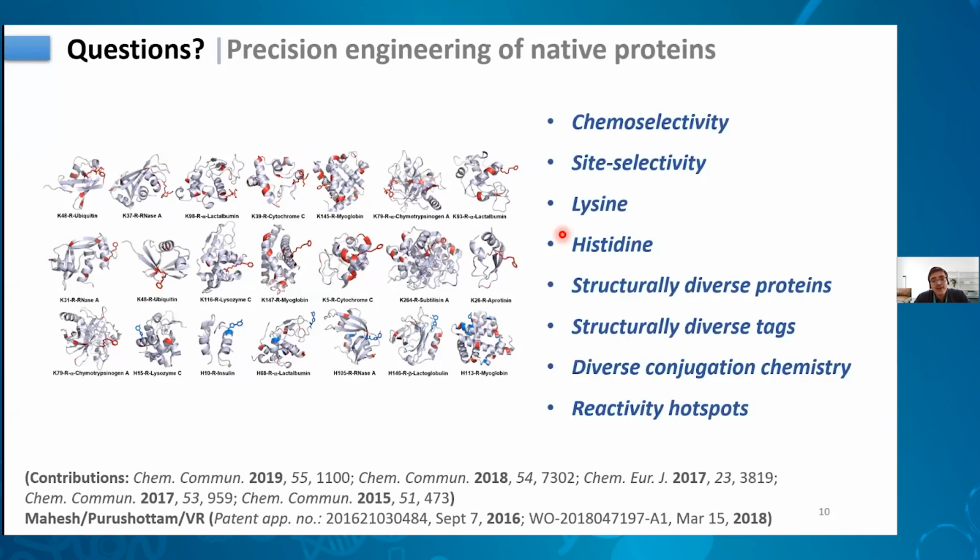Now, one of the things worth noting at this point is that all these methods that I talked about were limited to targeting reactivity hotspots in the protein that do offer high reactivity and solvent accessibility anyway. And at this stage, we really wanted to see if we can go beyond the reactivity order defined by the protein to develop modular technologies.